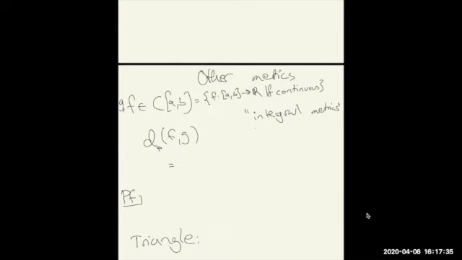So the p distance between f and g is the integral of the difference f minus g, we raise that to the power p, and then we take 1 over p, and this is integrated on the domain of the function, dt.